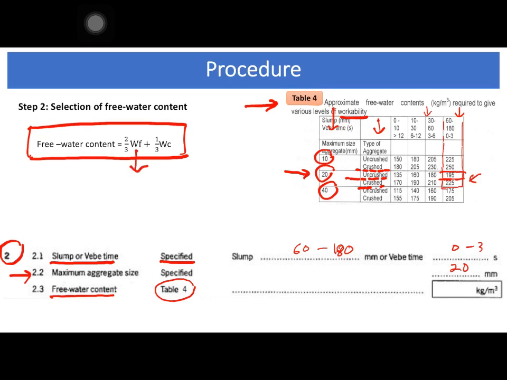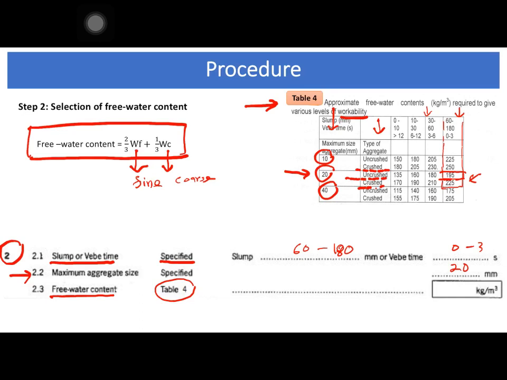Wf means free water content appropriate to the type of fine aggregate. And then Wc means free water content appropriate to the type of coarse aggregate.